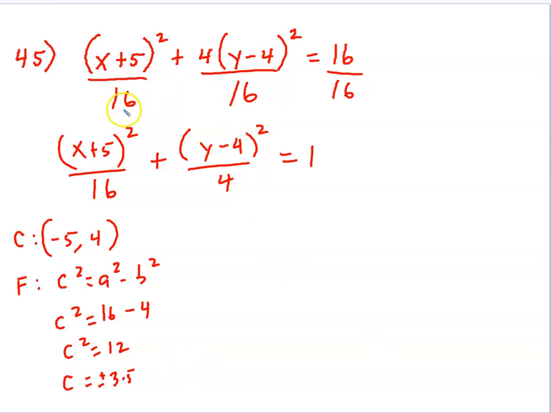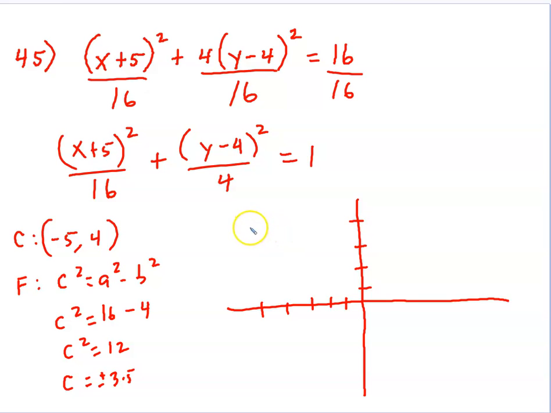Okay, so remember, for the wide ellipse, now we're going to start at the center. We can just go ahead and do our little rough sketch. So start at the center. Here's negative 5, positive 4. But this time, unlike the previous problem where the ellipse was tall and we moved vertically to get to the focal points and the vertices, now we're going to be moving horizontally for the wide.